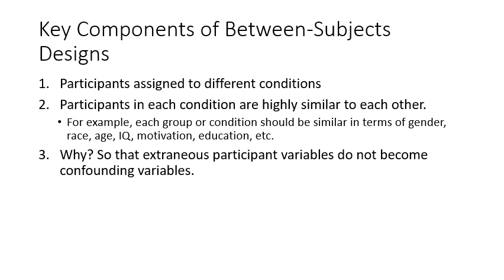In terms of age, the age range should be similar, IQ, or general aptitude, motivation, education, all these things should be similar. This is what a between subjects design depends on. And you can remember why from our last lecture, because otherwise we're going to have extraneous participant variables, and there's even a risk that they would become confounding variables, and that would compromise the integrity of the experiment.